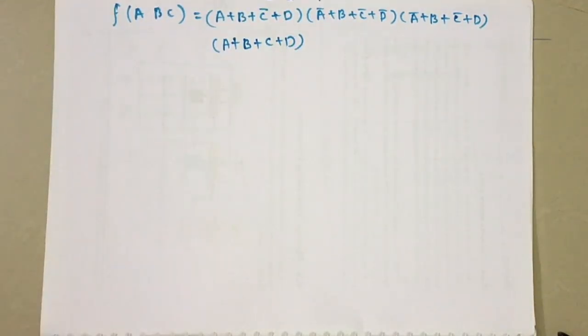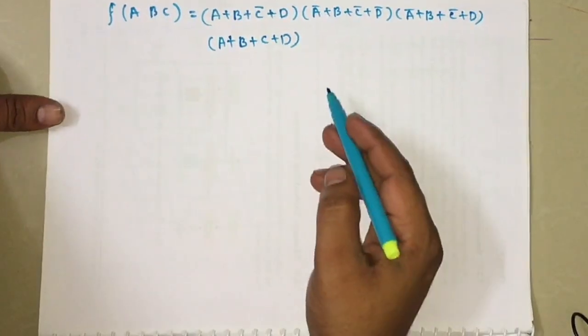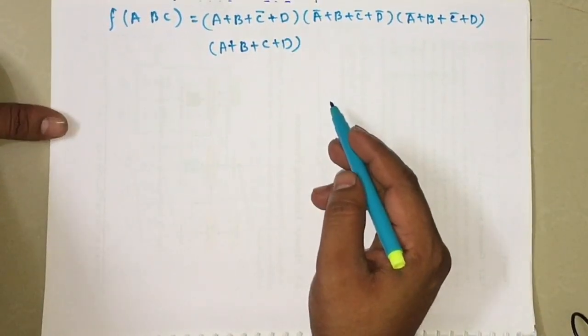Now we have to simplify this equation by using the K-map.